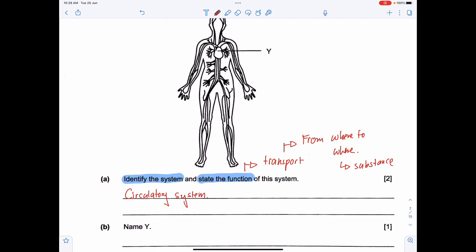So let's state the function. The function of this system is to transport. There are many types of substances that the blood transports. The one thing we can talk about is water and oxygen to all parts of the body.